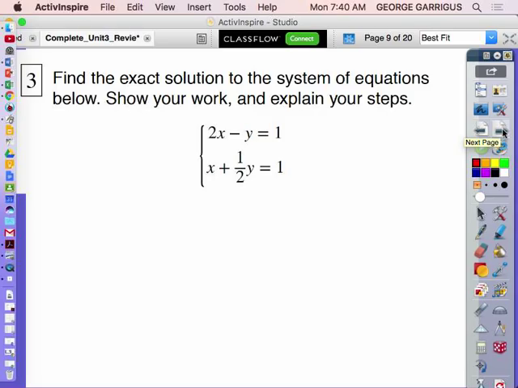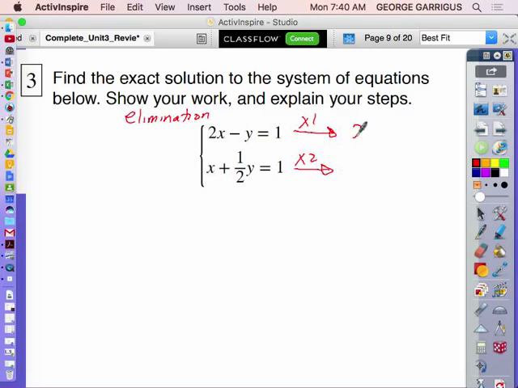Problem 3. Find the exact solution to the system of equations below. Show your work and explain your steps. Again, let's try elimination. We can do elimination pretty quick if we multiply the bottom equation times 2, the top equation times 1.